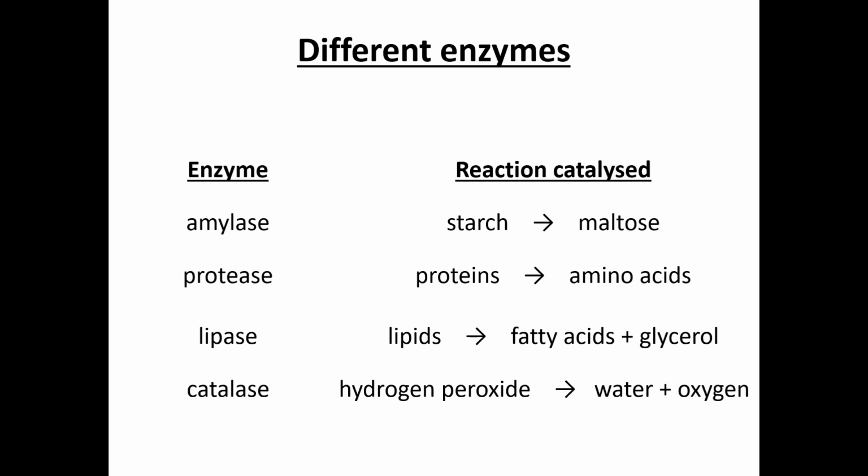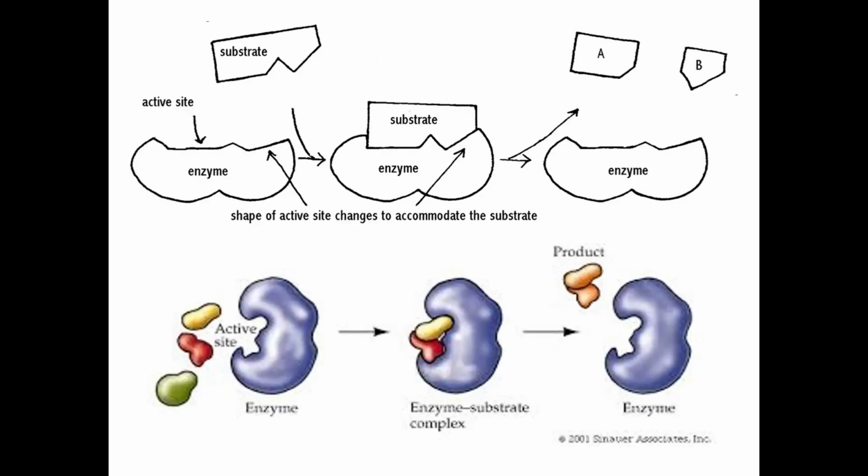Lastly, you don't really need to know this, but hydrogen peroxide requires the enzyme catalase to break down into water plus oxygen. This is a diagram where you have to understand how the enzyme and substrate work, and how they form the product. First, we must always have an enzyme, because that is basically your lock and key model.